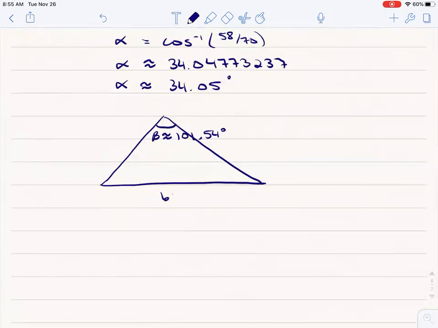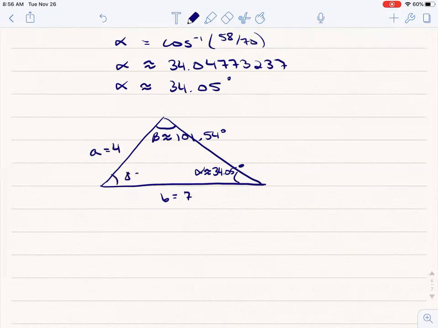which means that B is on the other side, and B we were given was 7. And let's make this angle our smaller angle, which is alpha, roughly 34.05 degrees, making this side equal to A, which is 4.